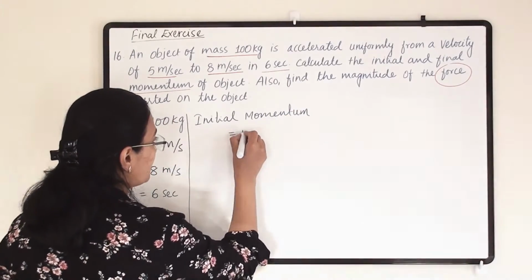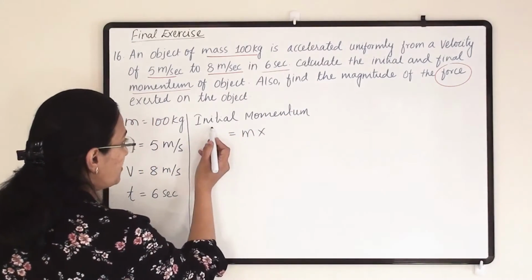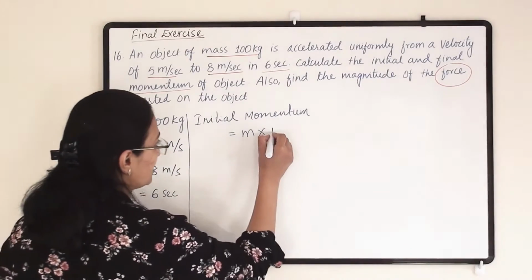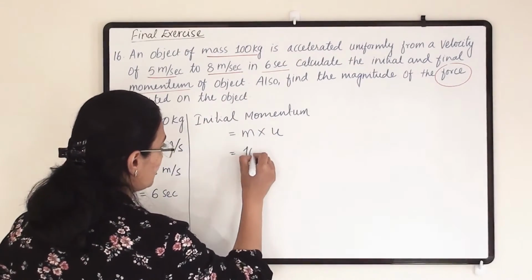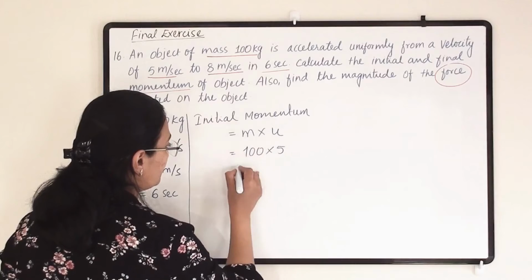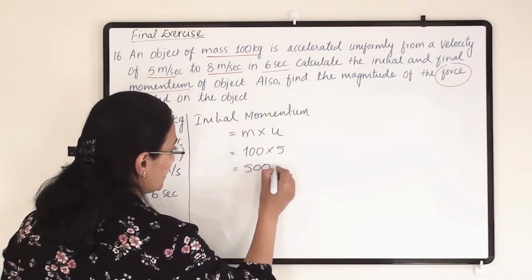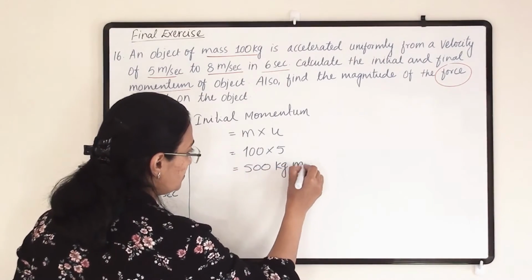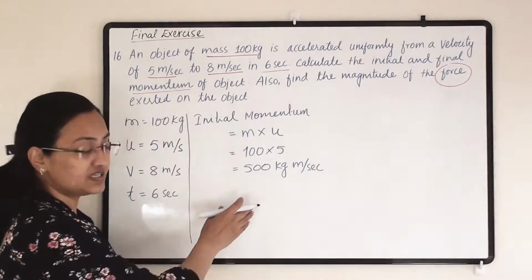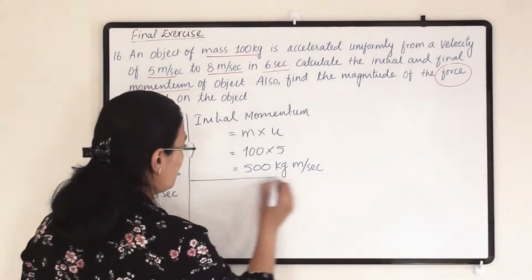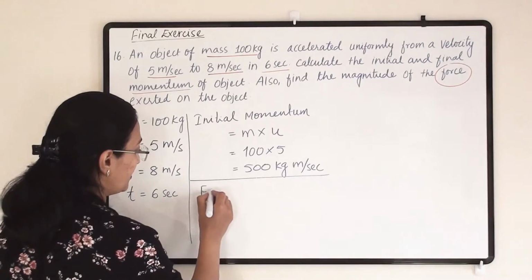Formula is m into velocity. So for initial momentum, we are using initial velocity, m into u. So here 100 into 5, we are going to get 500 kg meter per second. This is initial momentum. Now we are going to find out final momentum.